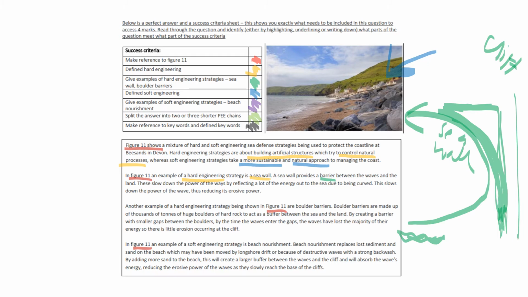So because of that, that's going to slow down the power of the waves, and it's going to reduce the amount of erosional power that this wave has. So as a result, there will be less erosion happening at the cliff. So I would like you to carry on reading through this perfect answer and highlighting using the success criteria.